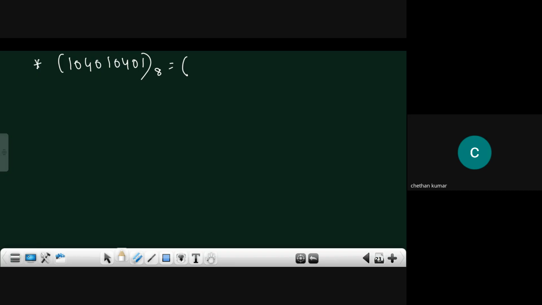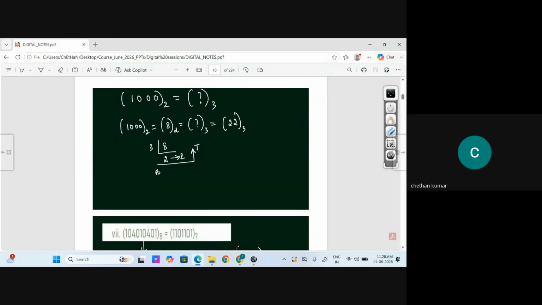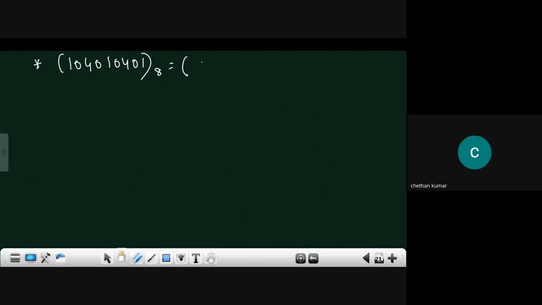This is equal to 110110 of base question 1. What base is it? So it is a very big number in octal.